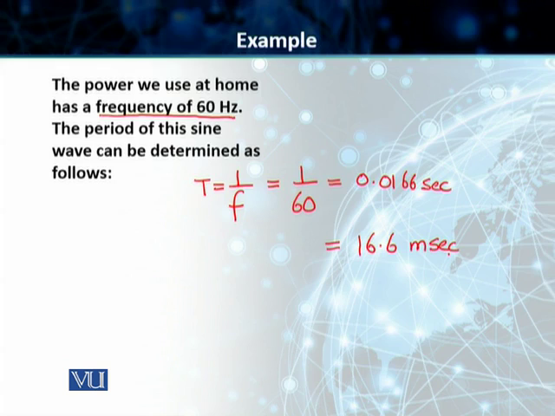Now, if you try to think about it, the period, which is 16.6 milliseconds, is so small that our eyes are not able to distinguish the rapid change in the amplitude, although the light is completing one cycle in 16.6 milliseconds, and then it repeats the same pattern again. Our eyes are not sensitive enough to actually understand the difference.